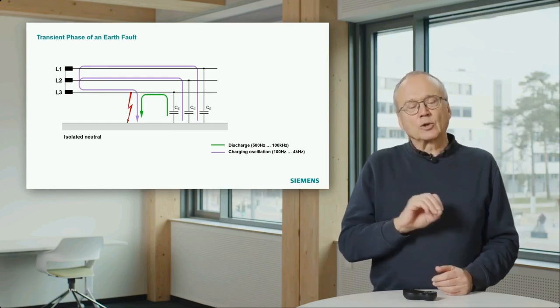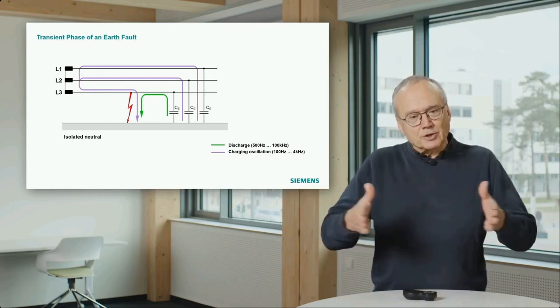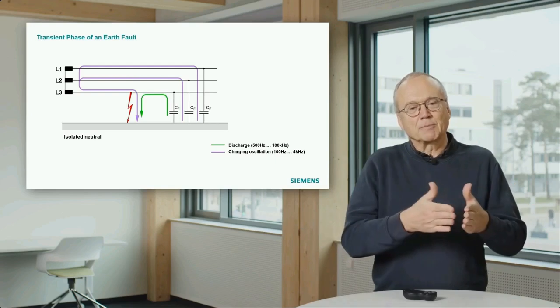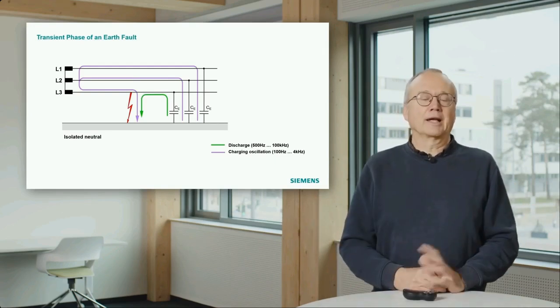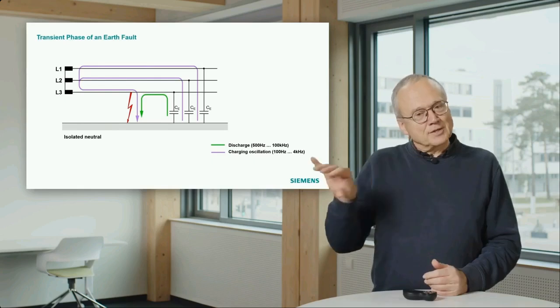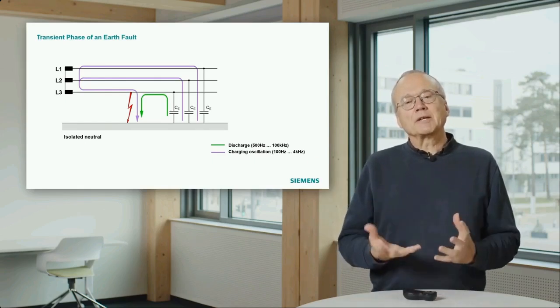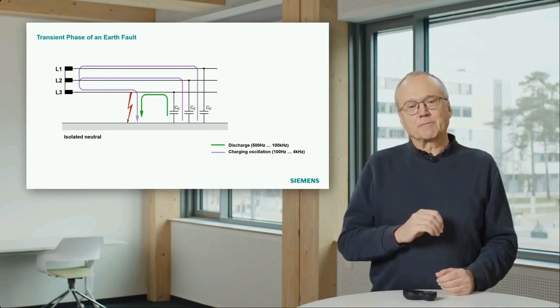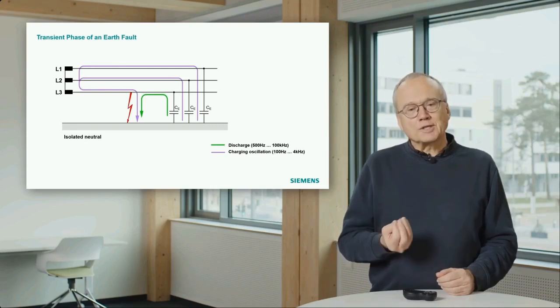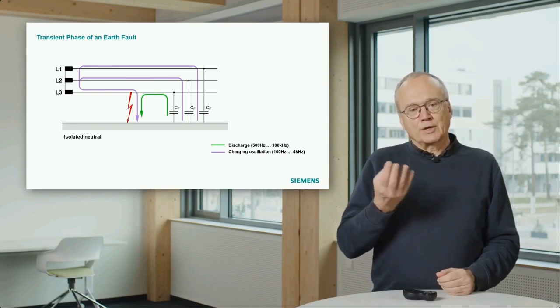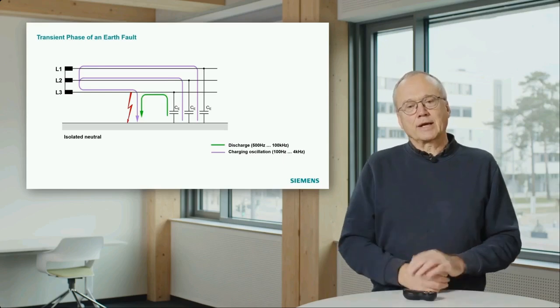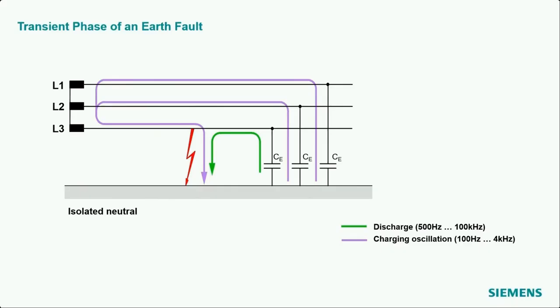In this case, it's not a concentrated element, it's a distributed element. That means the capacitor is distributed along the line or the cable, and there is some inductance involved. That means we do not get a current peak, we get somehow an oscillation with the capacitance and the reactance of the line, and that oscillation is called the discharge oscillation.